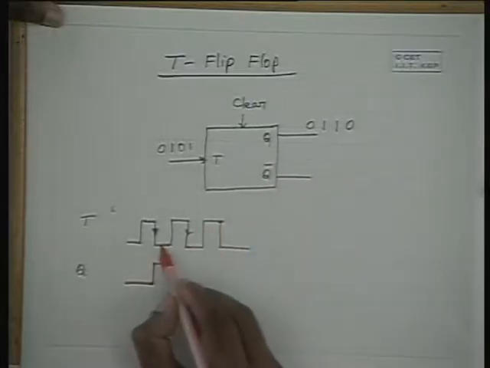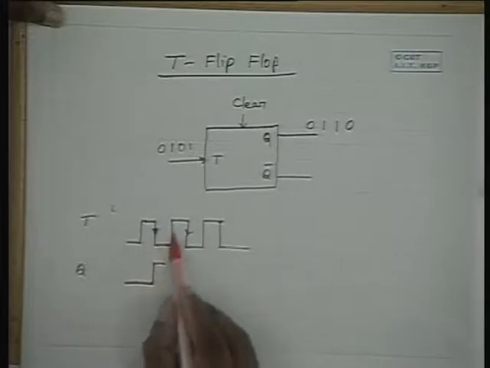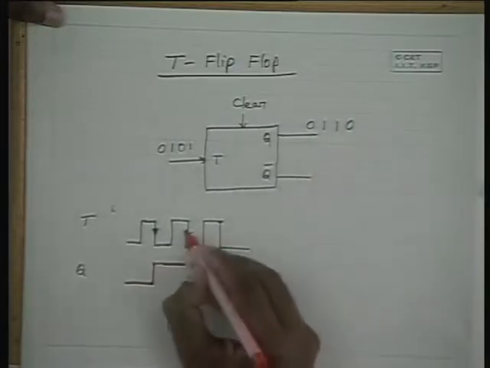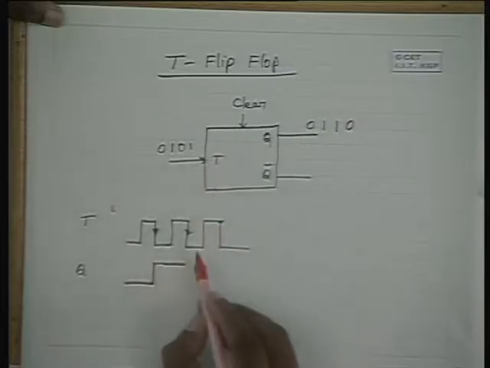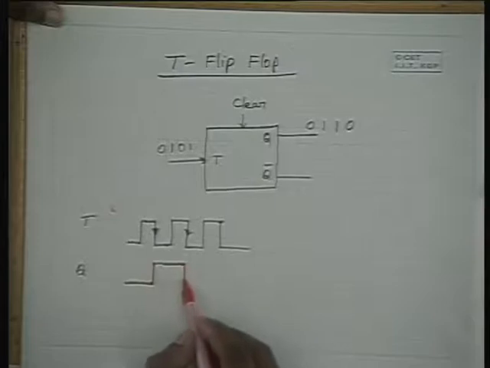And when the next transition occurs at the toggle input from 0 to 1, no change takes place, therefore it continues to remain in a 1 state. Now during this negative edge transition at the toggling input, the output toggles back to 0 level here.